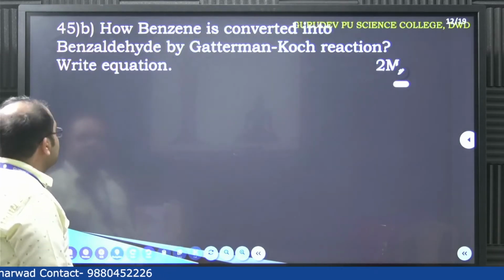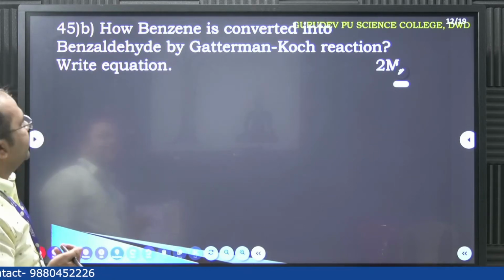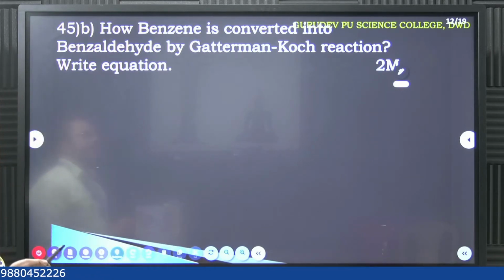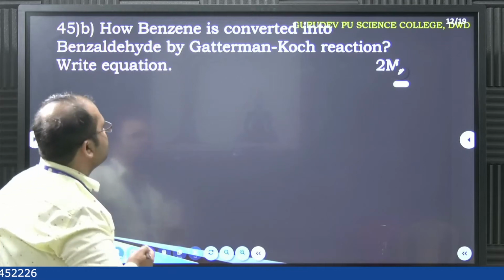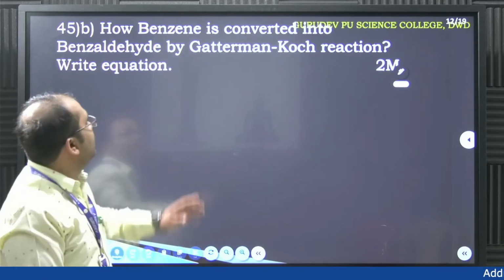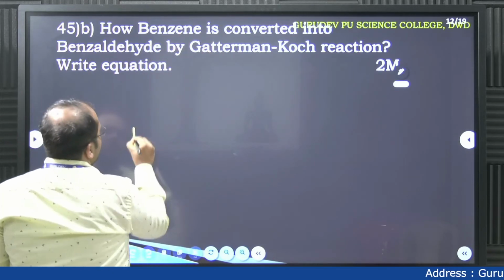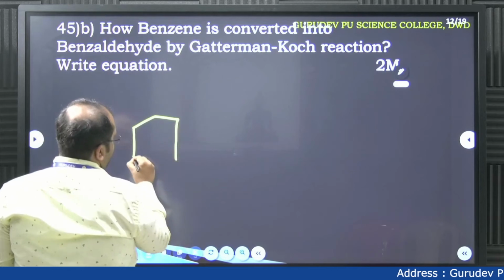Yes. Next, we shall move on to the next question, that is how benzene is converted to benzaldehyde by the Gattermann-Koch reaction, and write the equation. So they are asking for the conversion of benzene into benzaldehyde. It's very clear. You just write the equation.